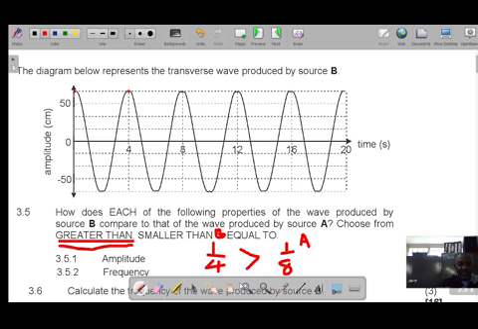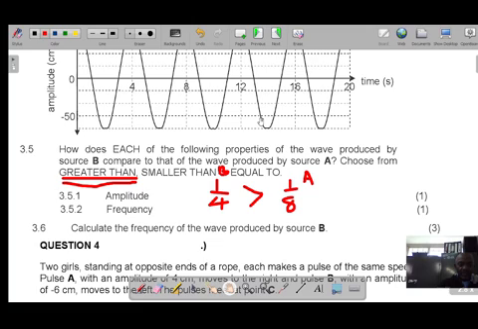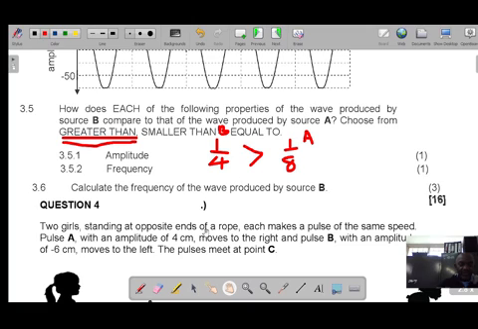Let us proceed. Next: calculate the frequency of the wave produced by source B. Like we said already, f equals 1 over t. What is our t here?